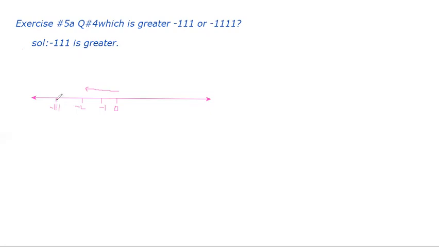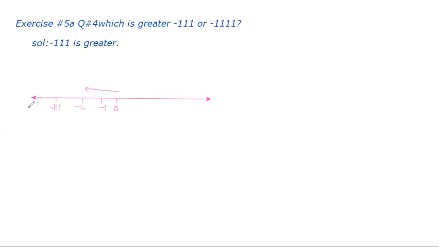First you will reach minus 111, and then after minus 111, minus 112, 113, 114, then 1000, then 1111.